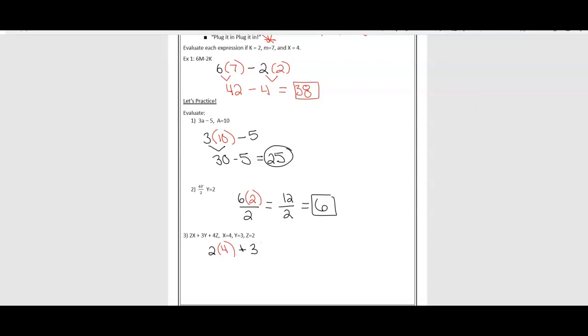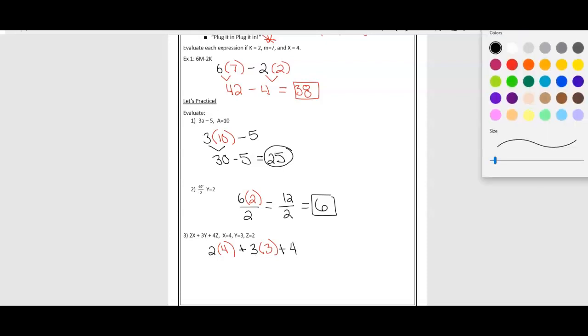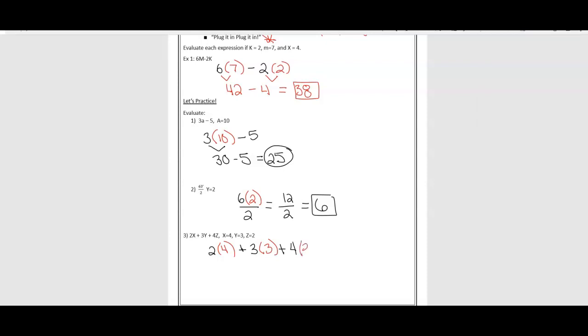So I'm going to multiply by 3 and then plus 4 times z, and z is going to equal 2. So I'm going to multiply by 2. So now I can simplify. So I'm going to multiply, multiply, multiply. So I have an 8, a 9, and an 8. And then I'm going to just simply bring down my addition.